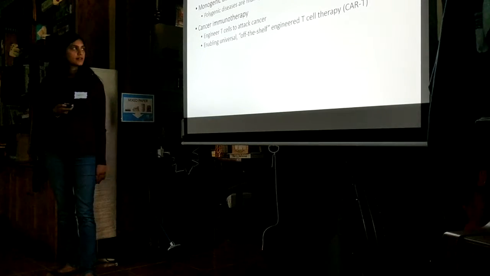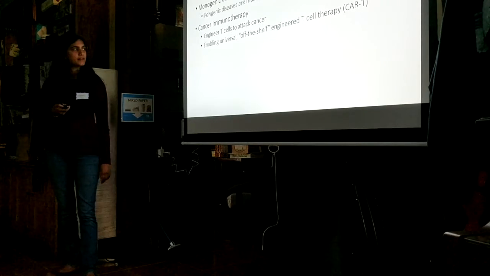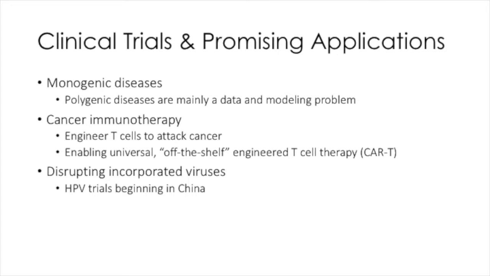Cancer immunotherapy, engineering T cells to attack cancer, has multiple clinical trials right now. Another thing is enabling a universal version of this engineered T cell therapy. Normally, the way you engineer T cells to attack cancer is you take the patient's own T cells and modify them.